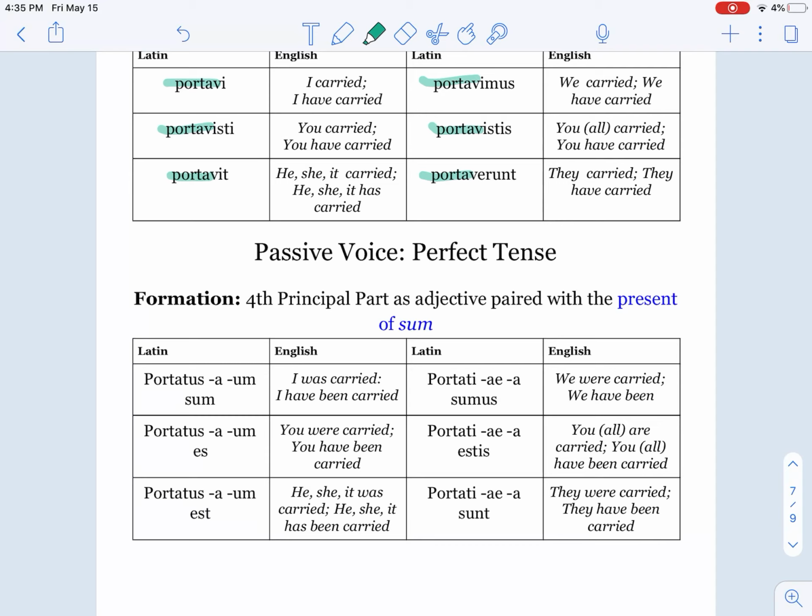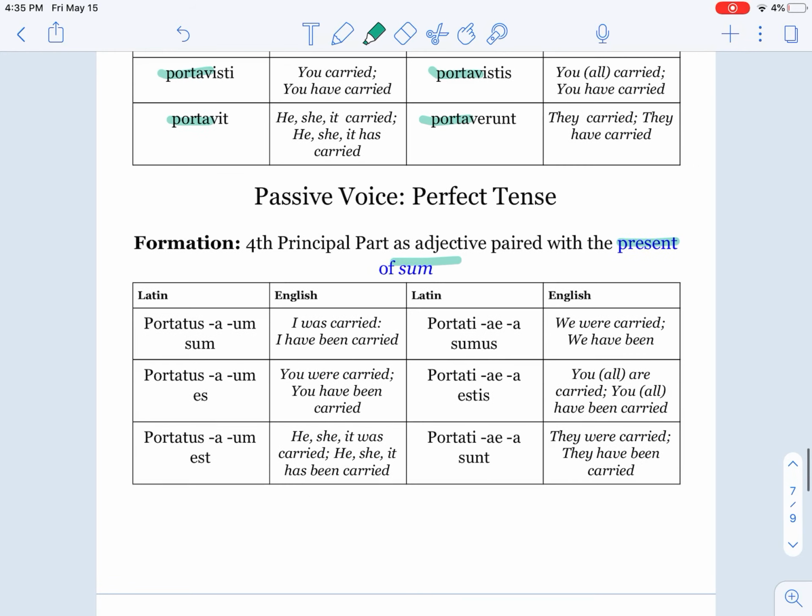In the passive, I'm using my fourth principal part plus a form of sum. And so for perfect passive, I'm going to use the present of sum. So portatus sum is I was carried. Now, please note that this is kind of an adjective form, essentially. So that's why it's going to have to change. So Julia portata est is Julia was carried.